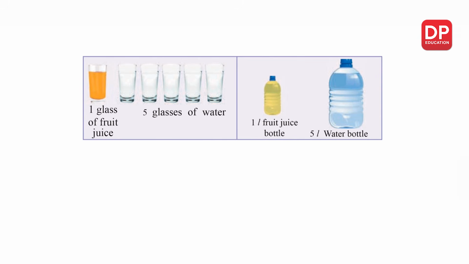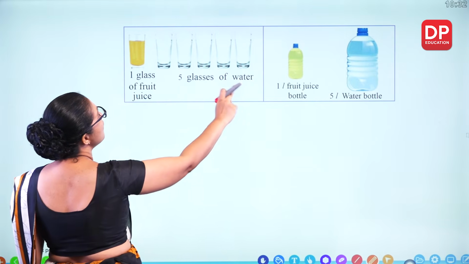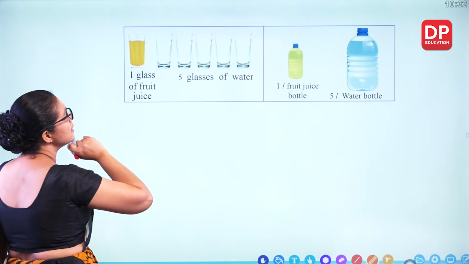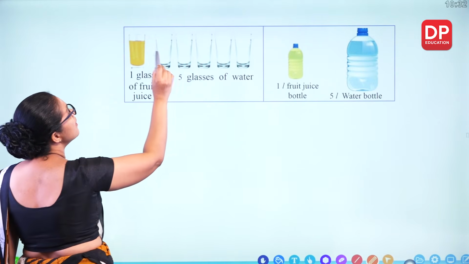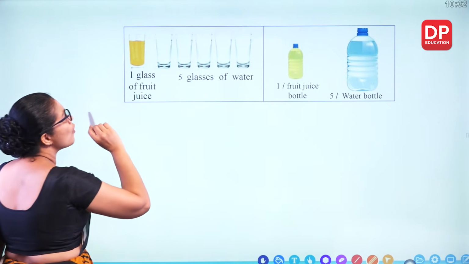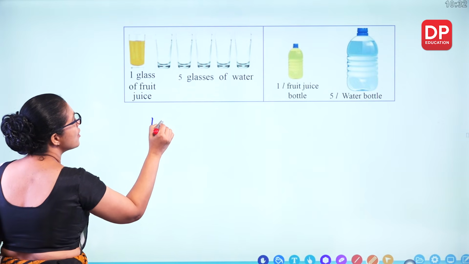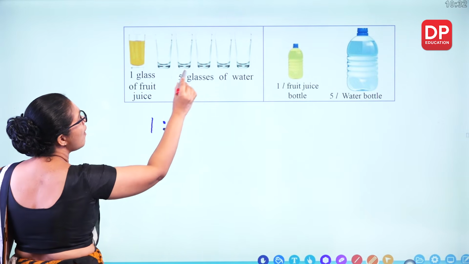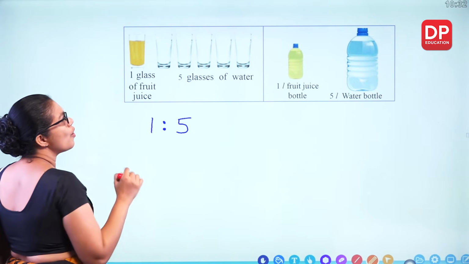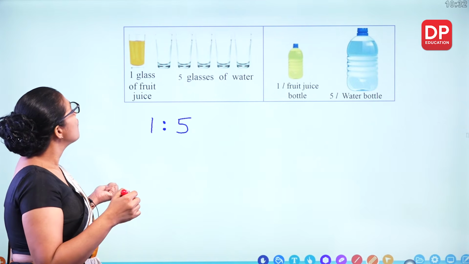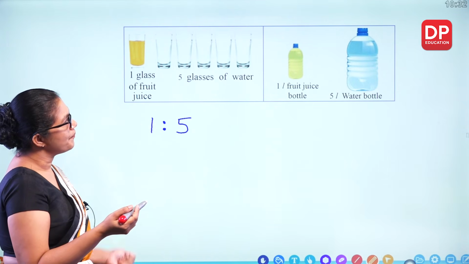This is 1 glass of fruit juice and 5 glasses of water. So all are the same quantities. So you can say 1 to 5 ratio, mixing fruit juice and water.